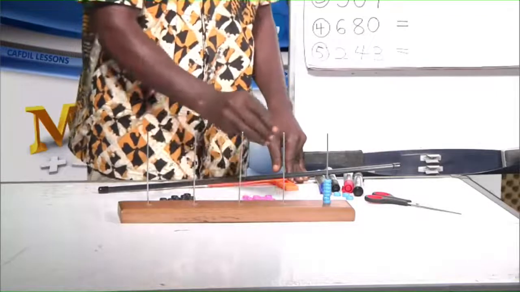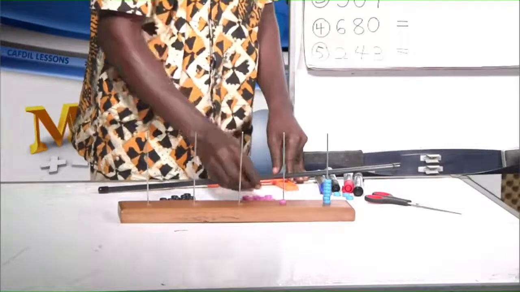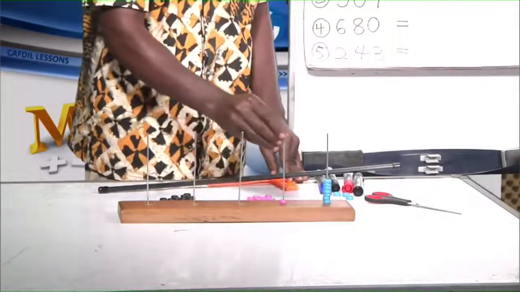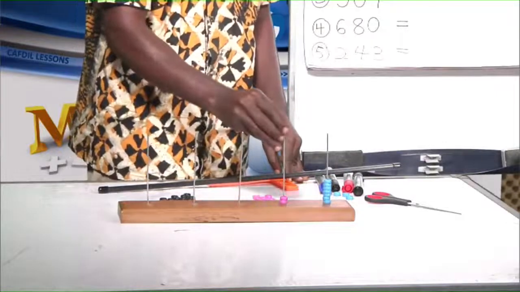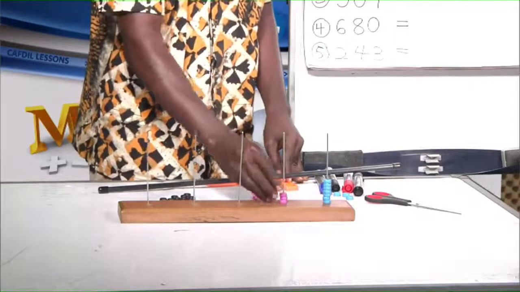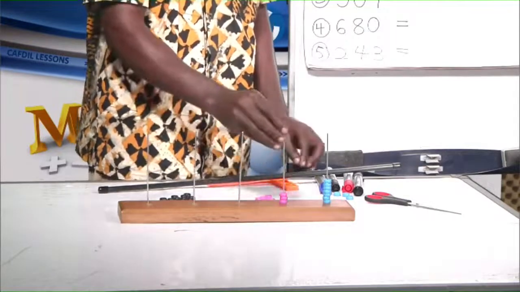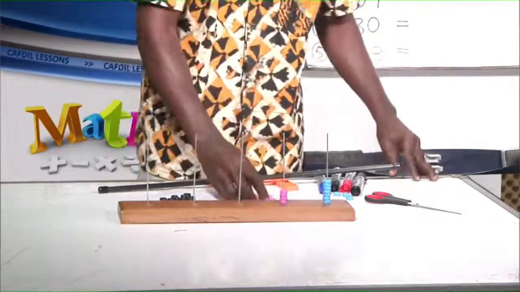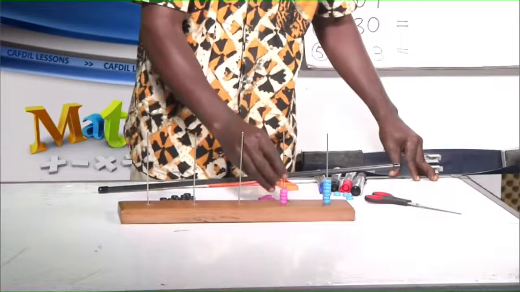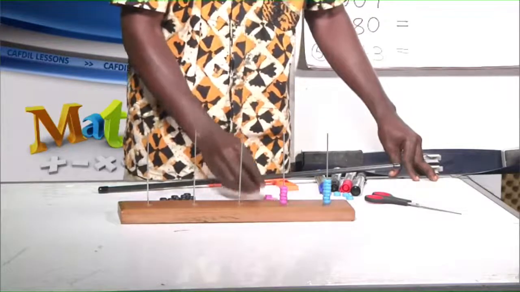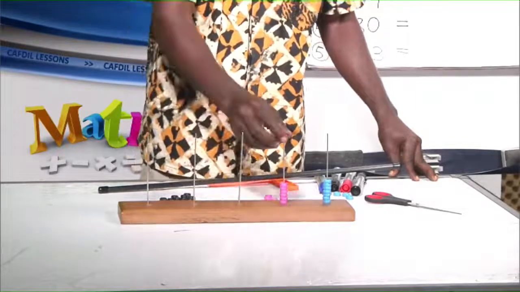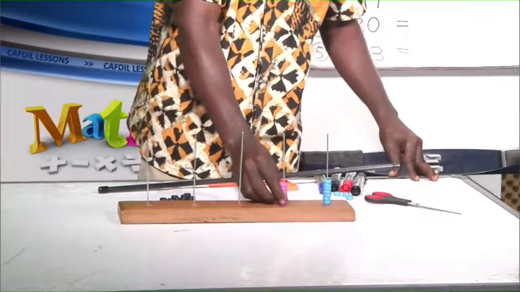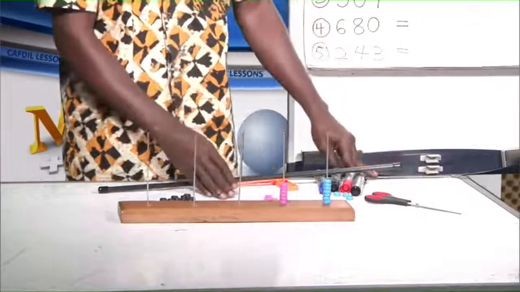So let's count: 1, 2, 3, 4, 5, 6. So we have 6 beads under the tens column.